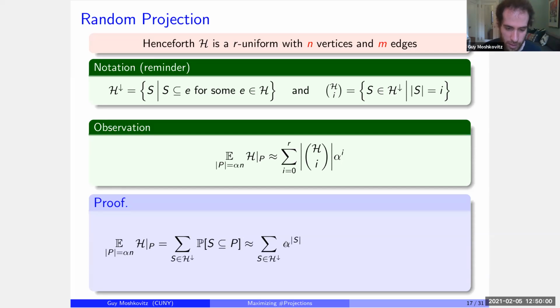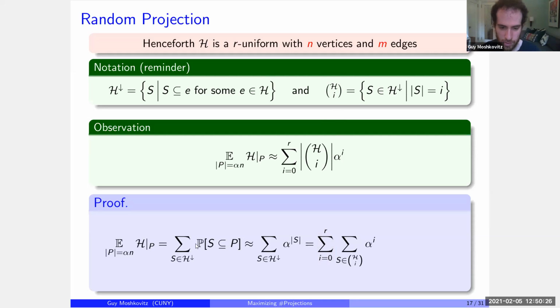So alpha times alpha times alpha, S times, S multiplications. So this probability is basically alpha to the size of S. And we're summing over all the potential projections over the entire closure.